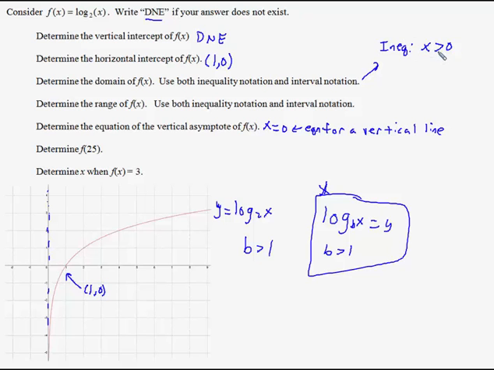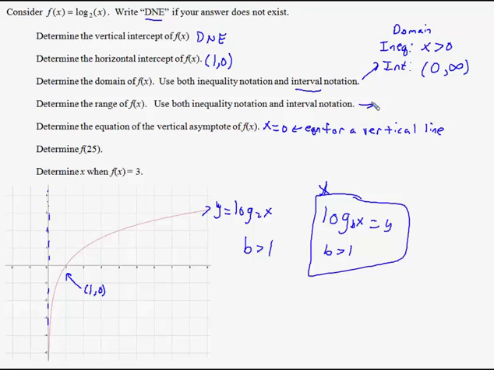They can't be 0 because there's no vertical intercept, but anything greater than 0 is fine for the domain. Then in interval notation, that would look like: 0 is the furthest to the left that it goes, but not including 0, so put a parenthesis, comma, and the graph goes to the right forever, so you can plug in any x values, and it takes on all values to the right of 0. That goes to infinity, and since you never reach infinity, we always put a parenthesis there.